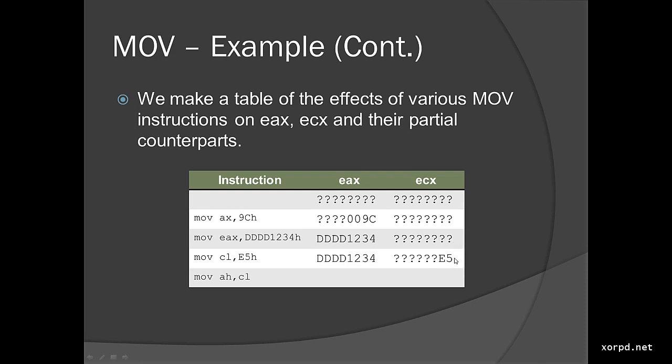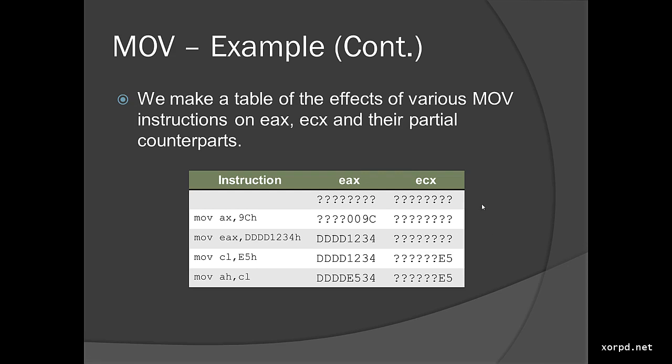And we get this result. The last instruction is mostly interesting. We are going to copy the value of CL, the lowest part of ECX, the lowest 8 bits, or maybe the lowest 2 nibbles. We are going to copy it into AH, which is this part, into those 2 nibbles. And we get this result.